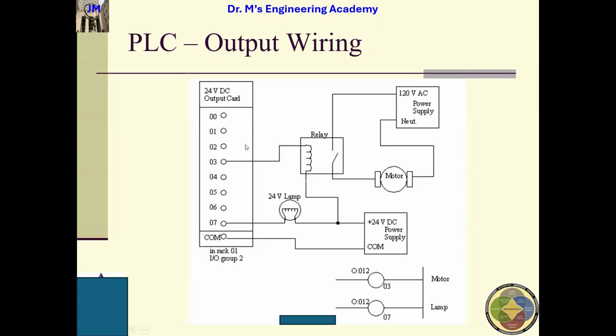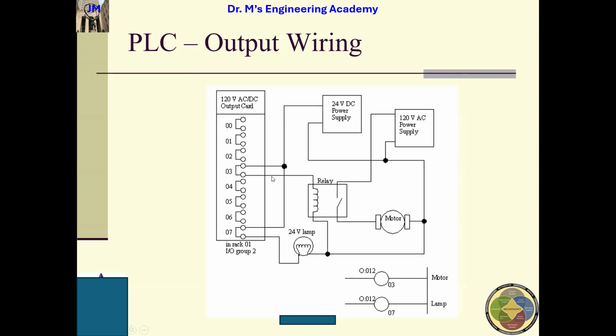For the output wiring, this is another one. This is a VDC, and here is a VAC output. Suppose this is a relay. I control this relay, and this relay controls the motor. This is a 24 VDC power supply here, and here is a lamp.